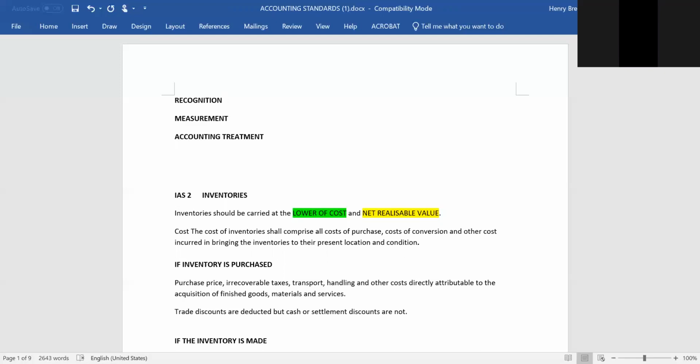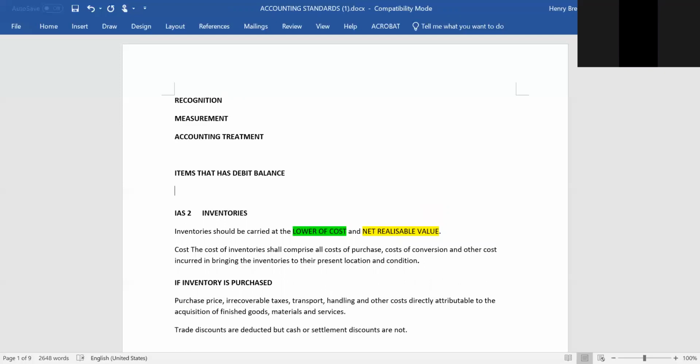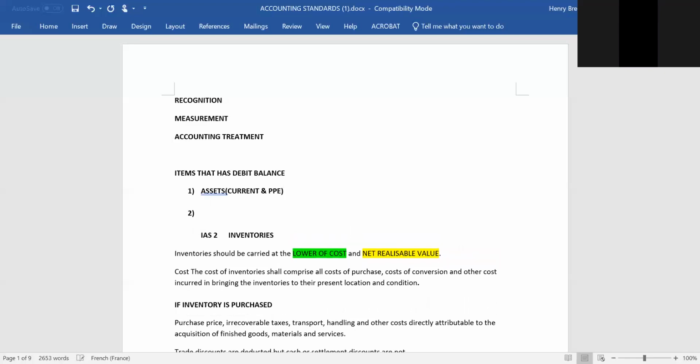So let's look at some transactions which have debit balances. Items that have debit balance. We can talk about, first of all, assets. Assets here, we are talking about both current assets and PPE. So we are saying that a current asset is an asset and it has a debit balance. A non-current asset in the form of property, plant, equipment is an asset also having a debit balance. Then the second thing, expenses.